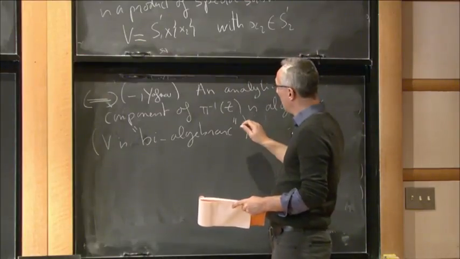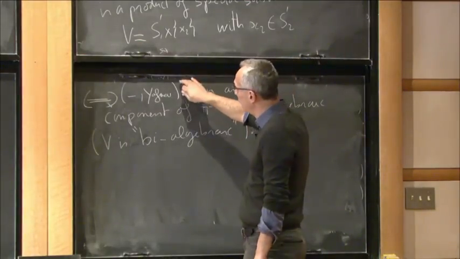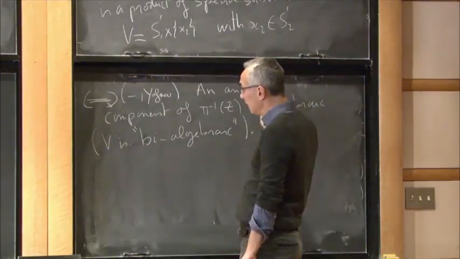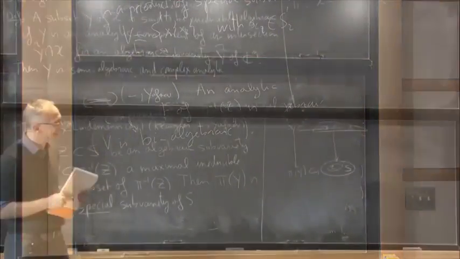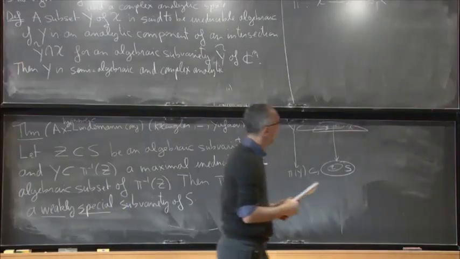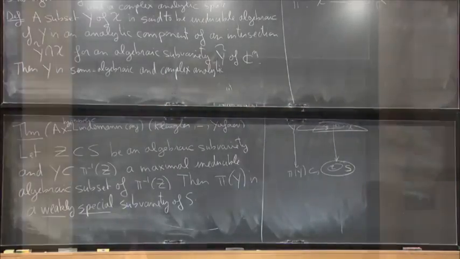Okay, and you can think of this statement as a particular case of the Ax-Lindemann. I don't understand your equivalence. What is Z? Okay, so Z is V. Okay, thanks.